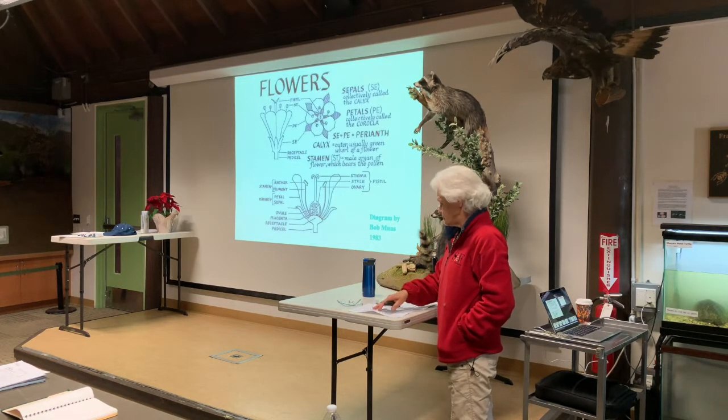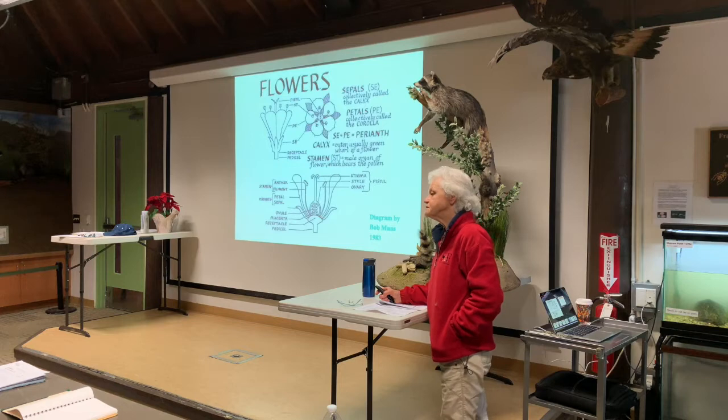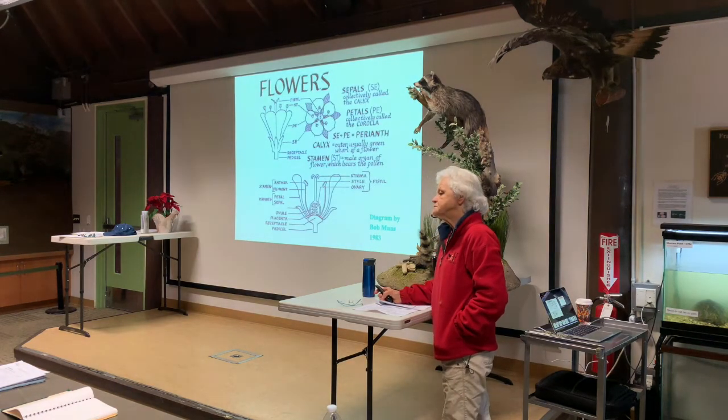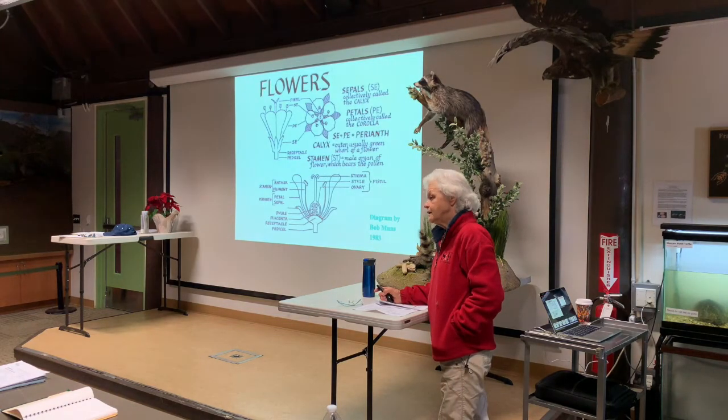Yes? Something I've never understood. In order for pollination to be successful, does the pollen have to go to another plant of the same species, or can it go to just another flower on the same plant? Both. It depends on the species.